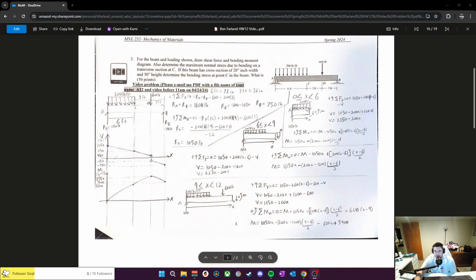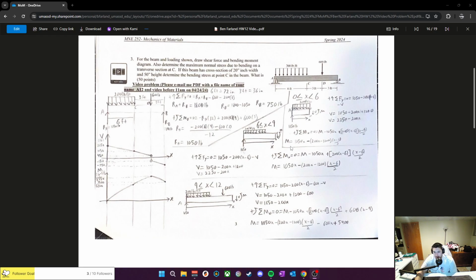And then we can also add the distributed load. It's going to be added because it's going counterclockwise around point O. The distributed load is going to be 200 times (x minus 6) as the load, and then we're also going to multiply it by (x minus 6) over 2 to find the midpoint of that load.